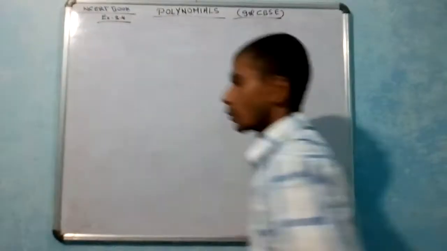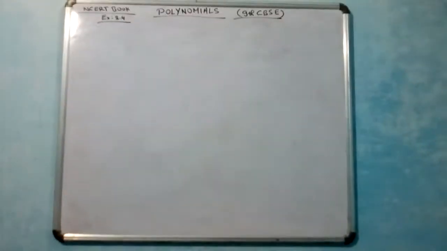So we were in exercise 2.4, no? In 2.4, the first sum was done fully. Did you try all the sums? Third one, the fourth one, you finished? Third one means what? First or third? Okay.